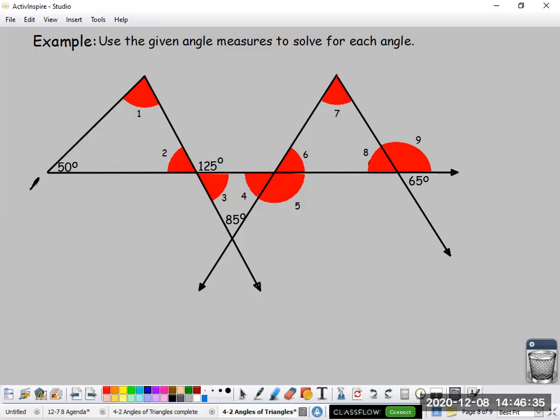So I'm going to start off using the exterior angle theorem. That tells me the 50 plus our unknown angle is going to equal the 125. So all I have to do is subtract 50 from both sides, and x is 75.